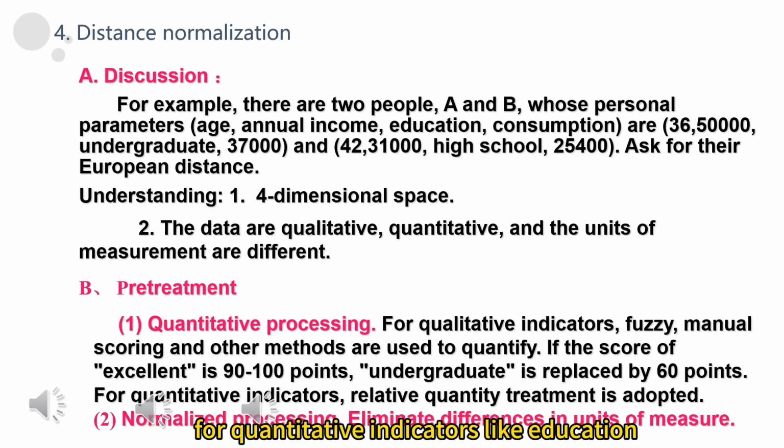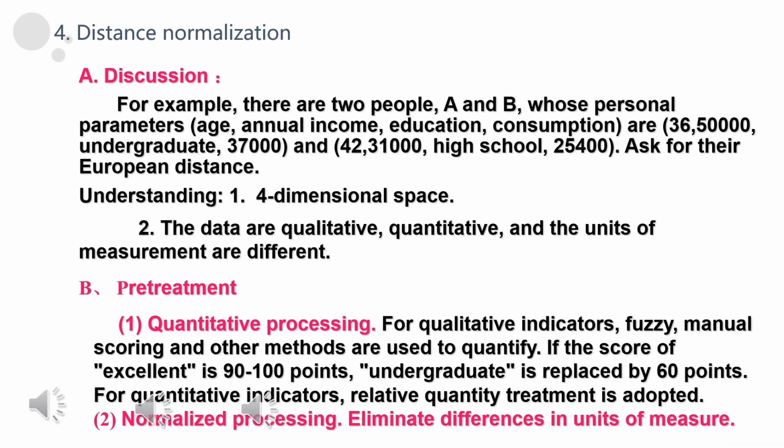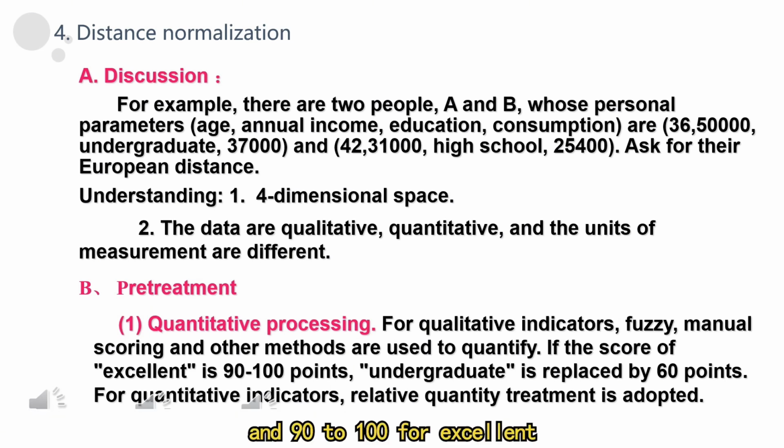For qualitative indicators like education, we need to convert them into quantitative values. This can be achieved through methods like assigning scores or using fuzzy logic. For example, we can assign a score of 60 for undergraduates and 100 for excellent.